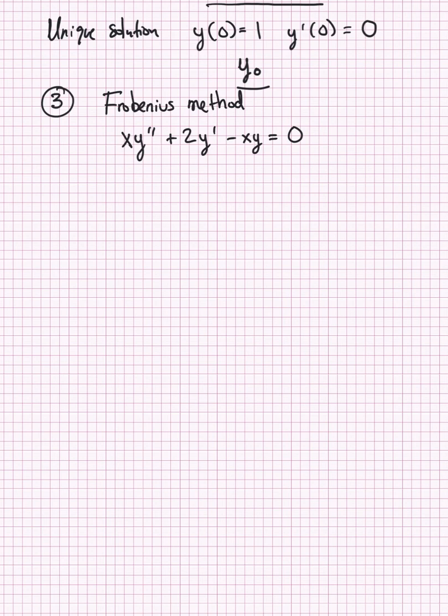So if we want to use the method of Frobenius, we should first check that x equals 0 is a regular singular point. If I divide by x, I'm getting the second derivative plus 2 over x times the first derivative minus y is equal to 0.